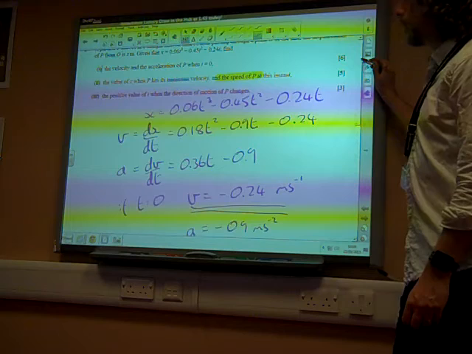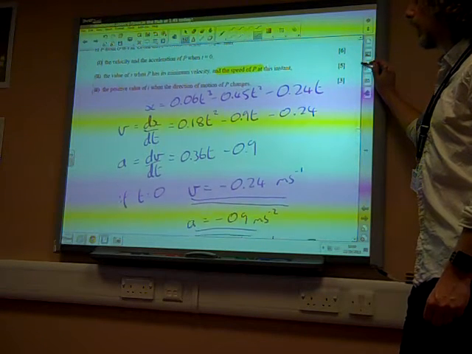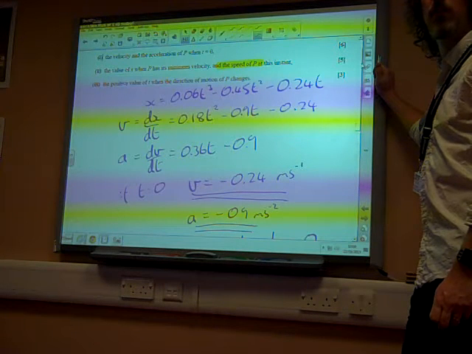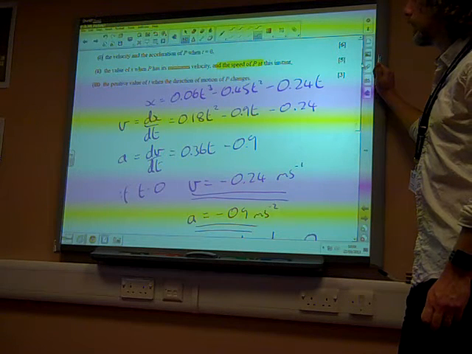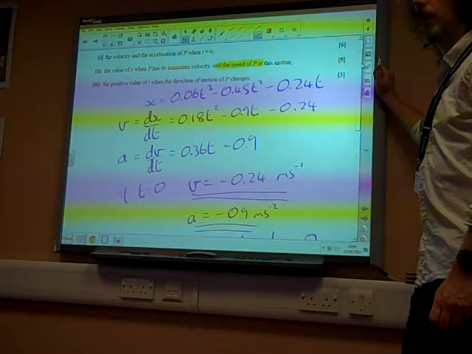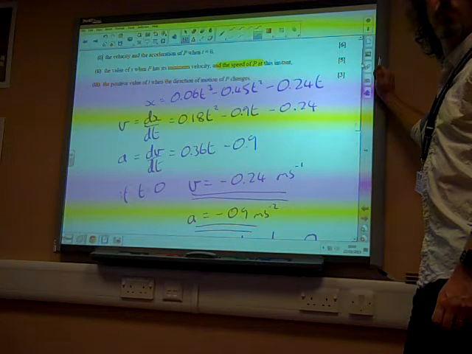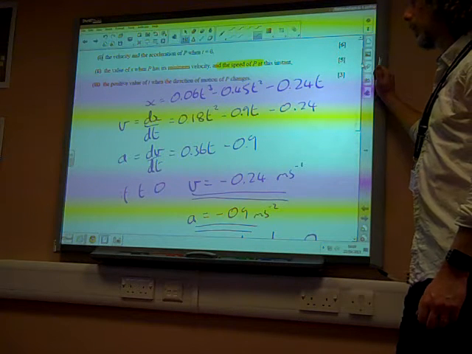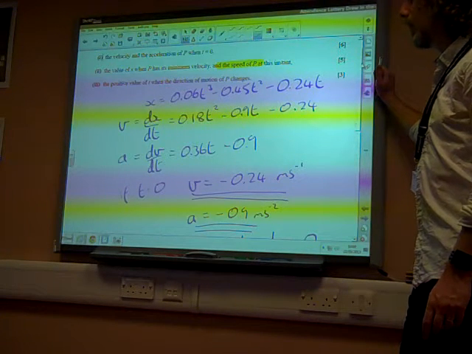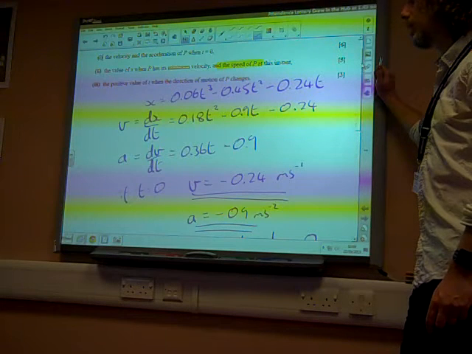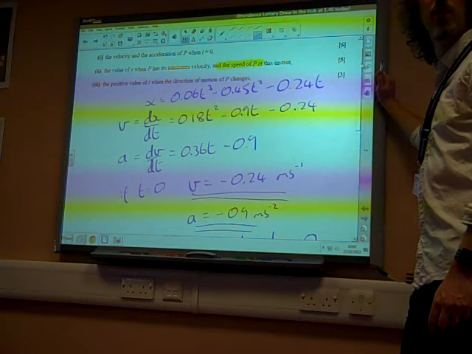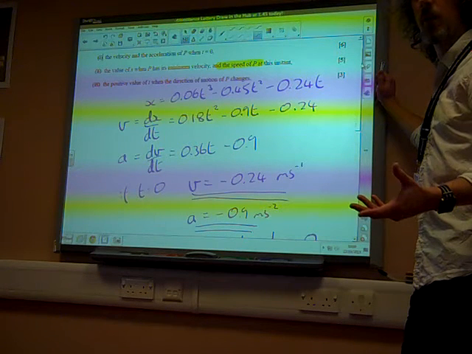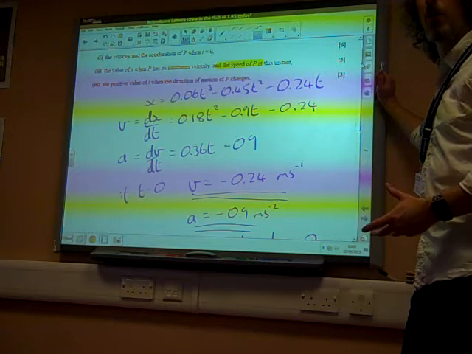Last bit, the positive value of t when the direction of motion of p changes. Well, if the direction of motion of p changes, that means that the velocity changes from being positive to negative.